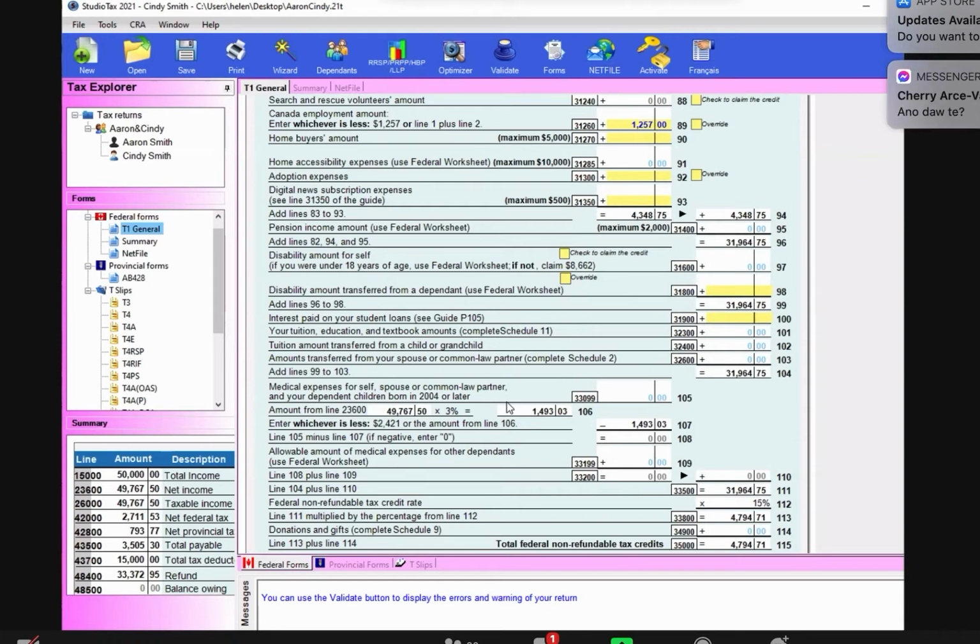Okay. Why tuition is transferred is because young girls or young men sometimes want to carry forward by themselves. If you carry forward, then when they graduate and make money, they can decrease their tax payable.